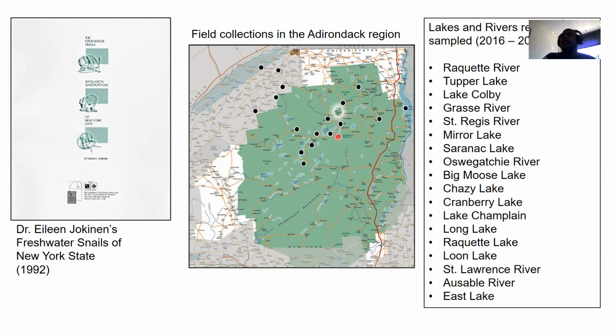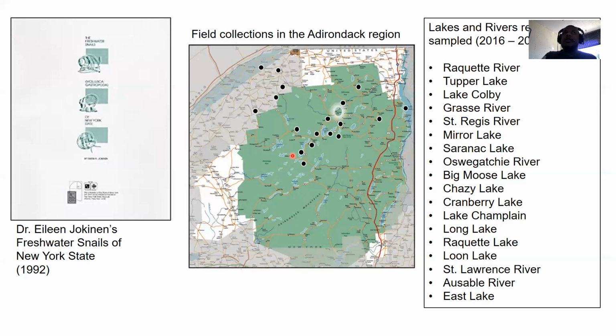We covered quite a lot of ground, both at the foothills of the Adirondack Park, near the St. Lawrence River, and also deep within the park. But even though it seems like a lot, it's a drop in a bucket of water. We still have a lot of unexplored areas of the Adirondacks we want to look at in terms of molluscan diversity.